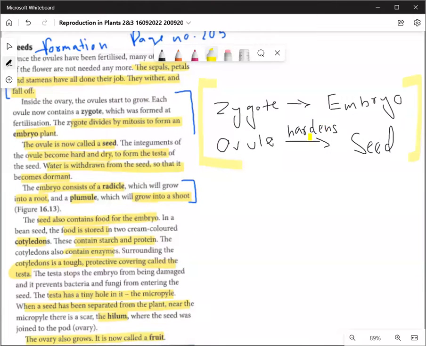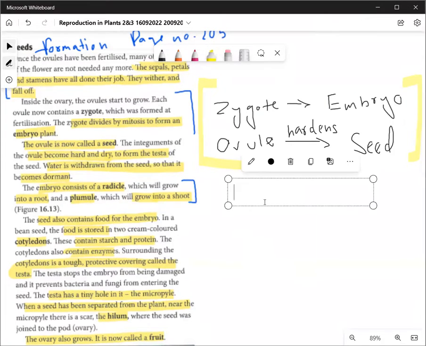Fine. Now, the seed has something called the testa. Testa, right? Now, what is the testa? The testa over here is the protective layer. Okay.